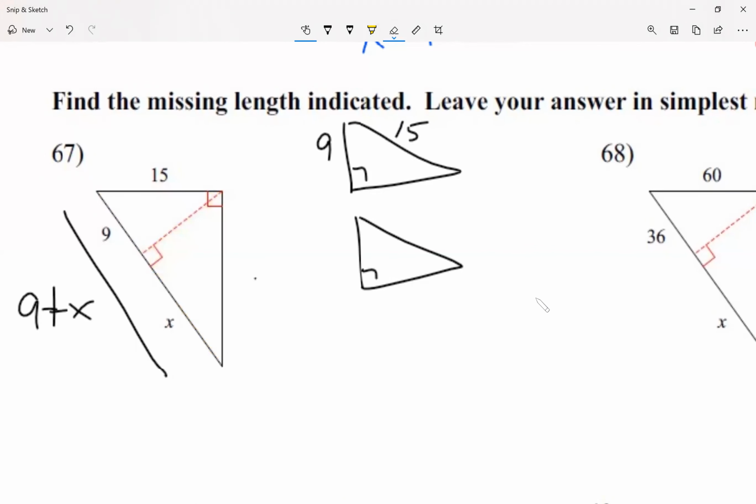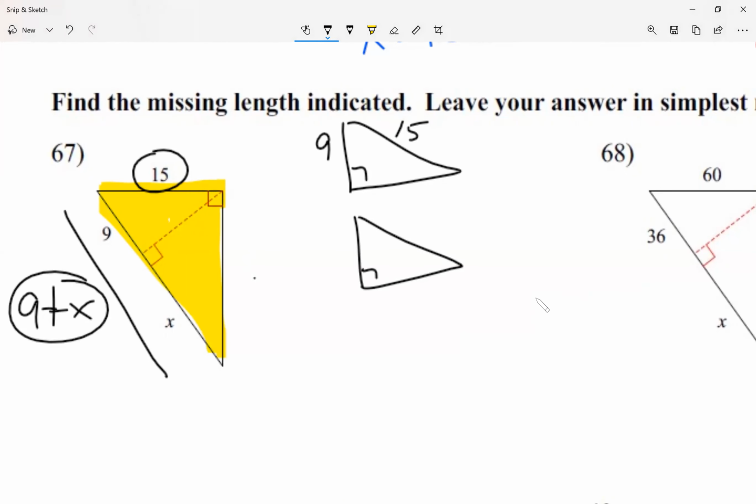Instead, I'm going to use this big triangle. I know one side is 15, right? The small side is 15, and I know the hypotenuse is 9 plus x. So this is 15, and this is 9 plus x. So I'm just going to create my fractions.